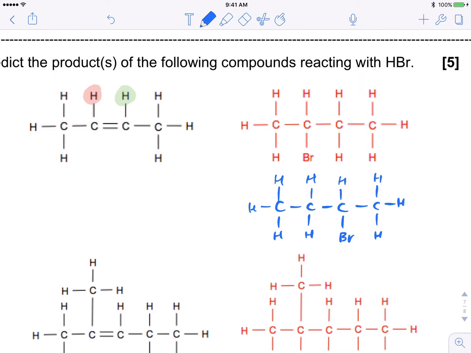Okay, now why is this wrong? It's because, can you see that these two molecules are the same? That's because this is a symmetrical alkene. So in the case of a symmetrical alkene, you will only end up having one product because no matter how you add, you will end up with the same product.